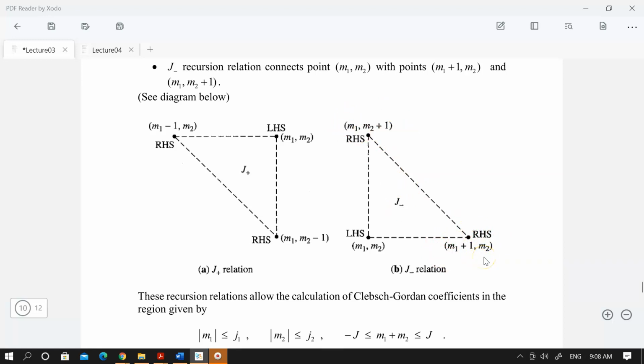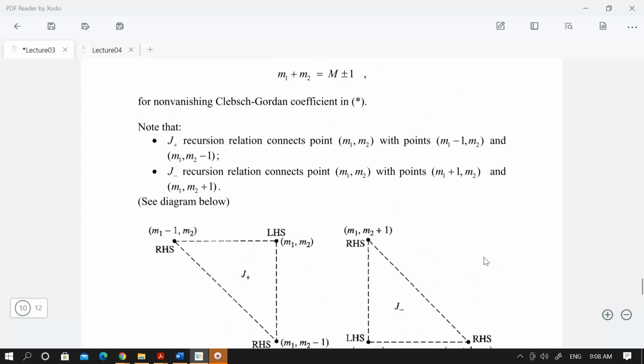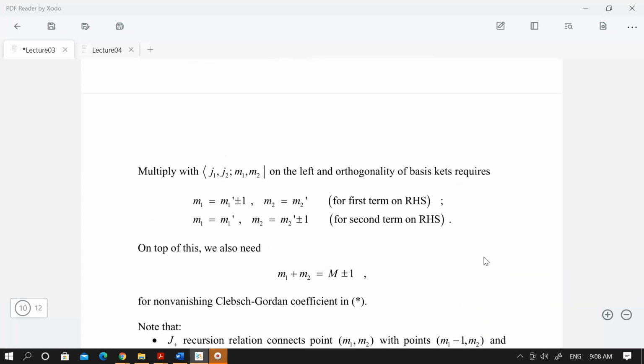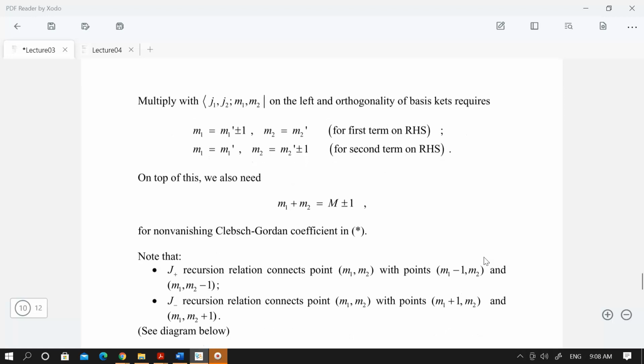Sometimes it's easier using diagrams to see what's going on. You can have a plot between the M1 values and the M2 values, and then you start building these triangles in to see the relationship between each other.